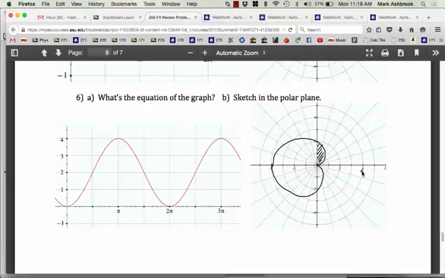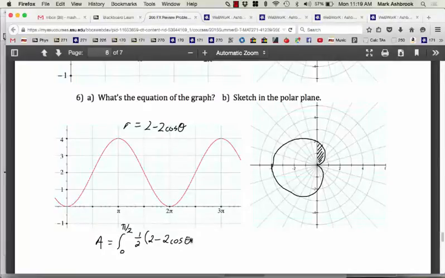What's that amount of area? The integral from theta equals 0 to pi over 2, of, and what was this, r equals 2 minus 2 cosine theta? Okay. Of 1/2 times 2 minus 2 cosine theta squared.